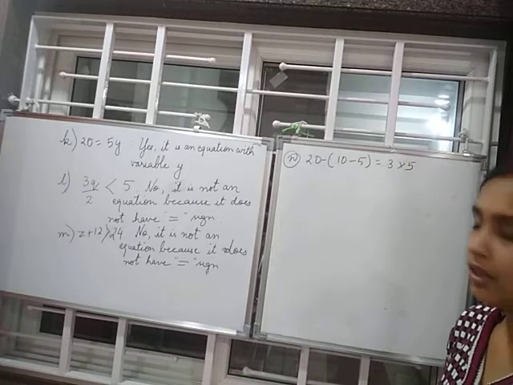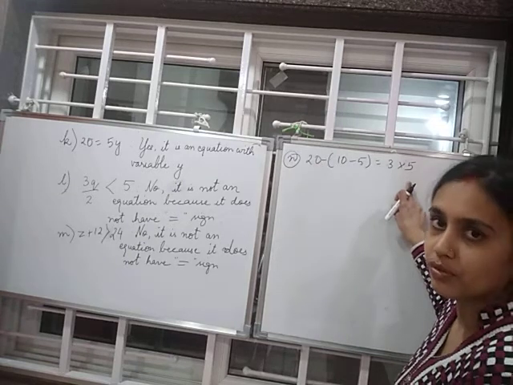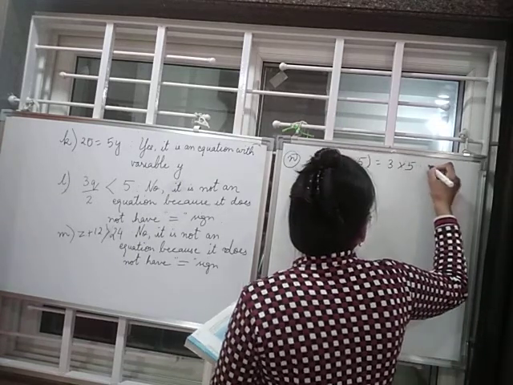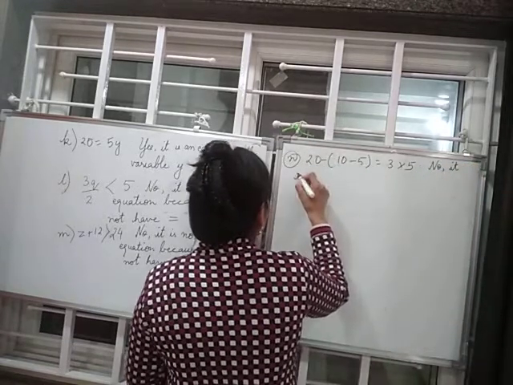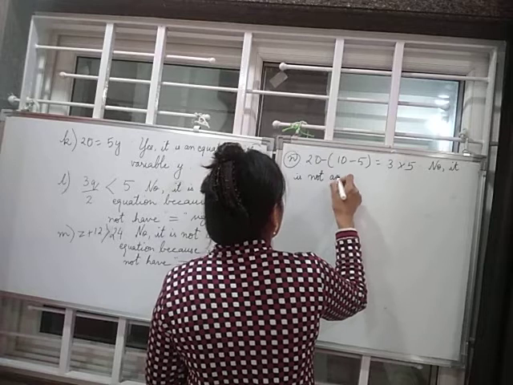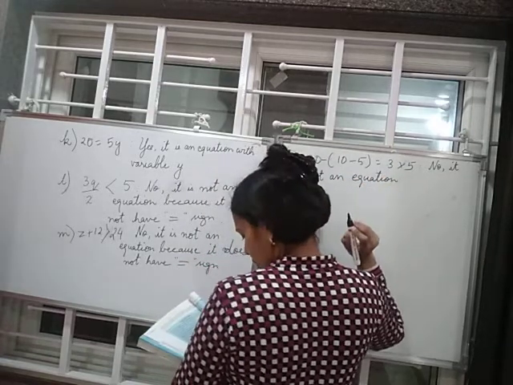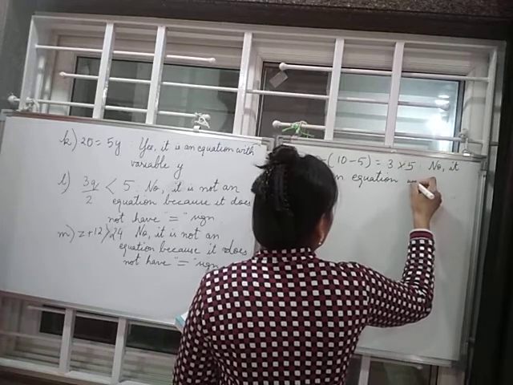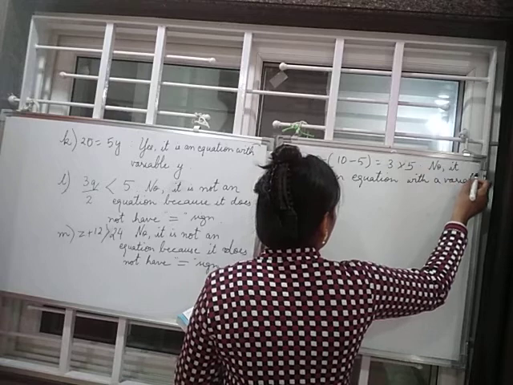So the answer will be no. The equal to sign is there, children, but the variable is missing. So we'll write no. Not an equation with a variable. We can write like this also.